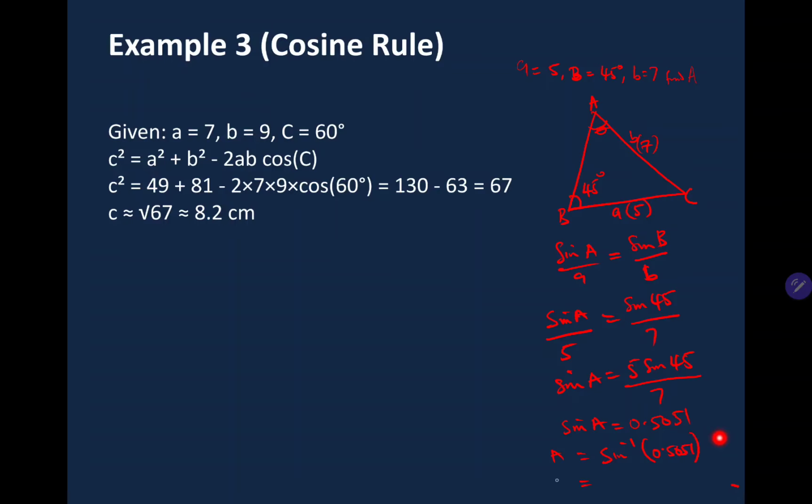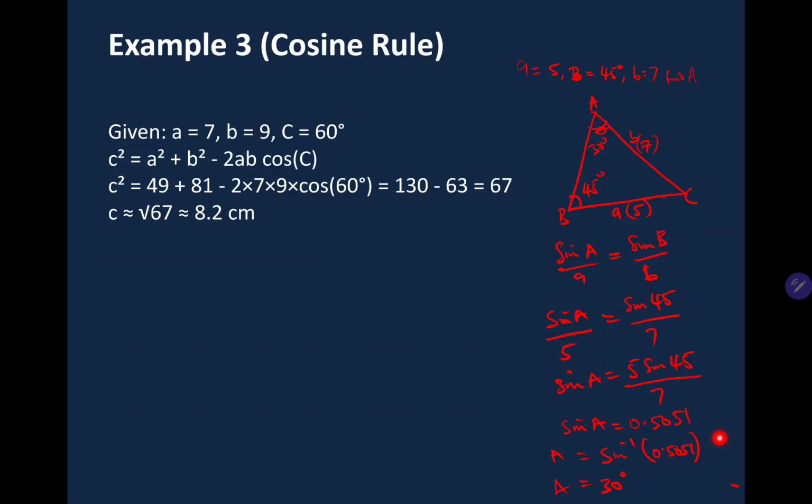And if you use your calculator once again, the angle A will be approximately 30 degrees. So that's our answer. A is equals to 30 degrees. All right, so that's how you use the sine rule to work out for the missing sides or missing angle in a triangle that is not a right triangle.